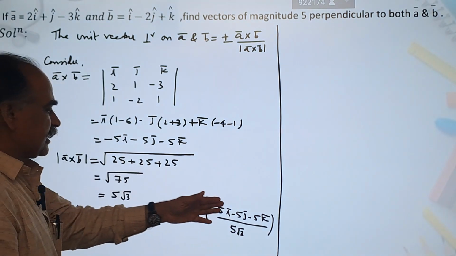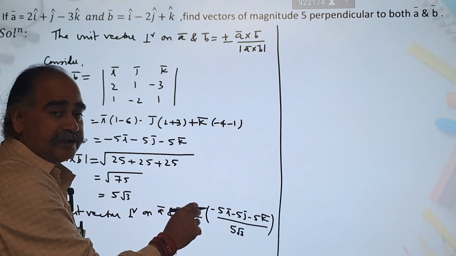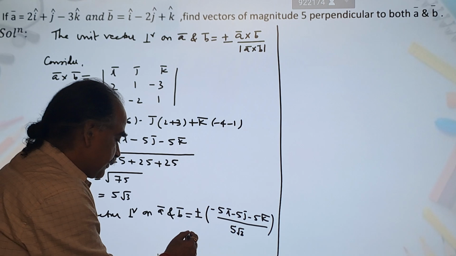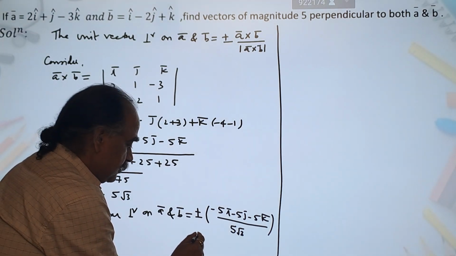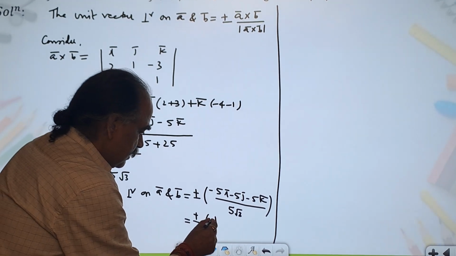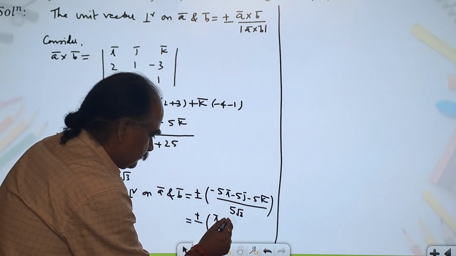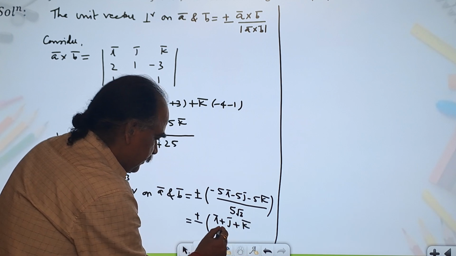What we will do, we will take minus 5 outside, multiply to plus minus will give you plus minus one and the same thing. We'll write plus minus I bar plus j bar plus k bar divided by root 3.